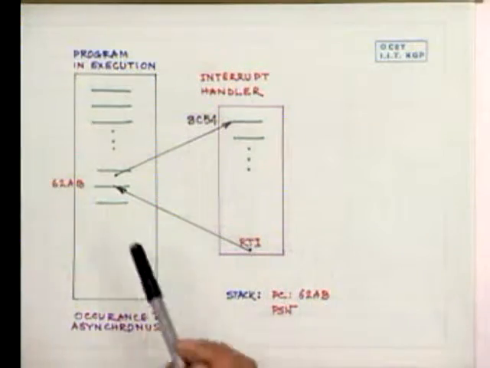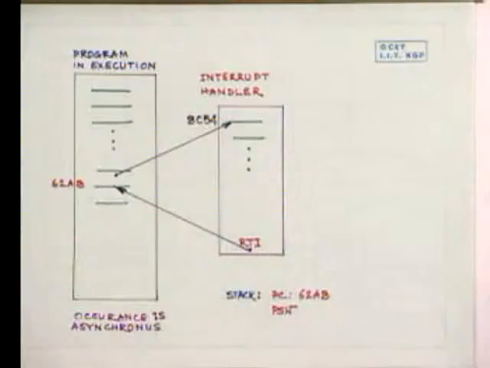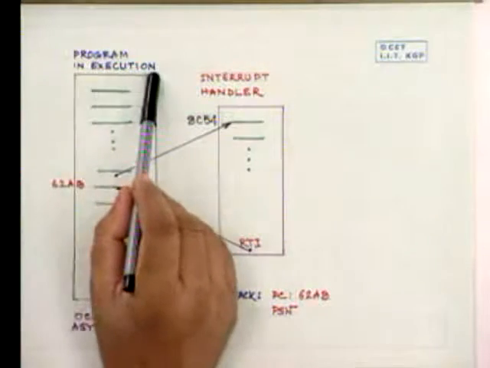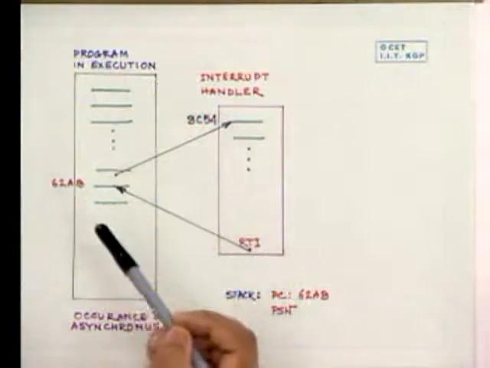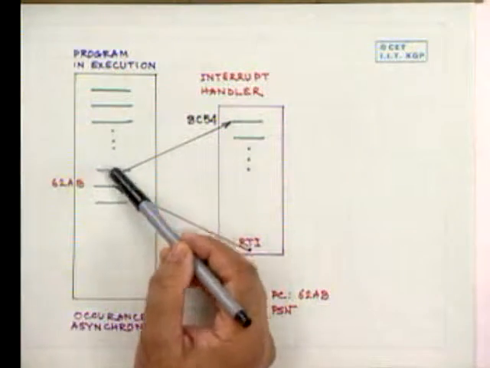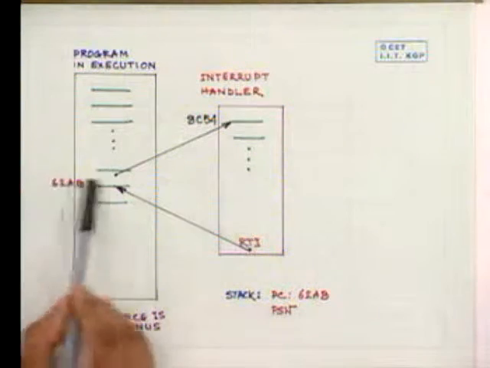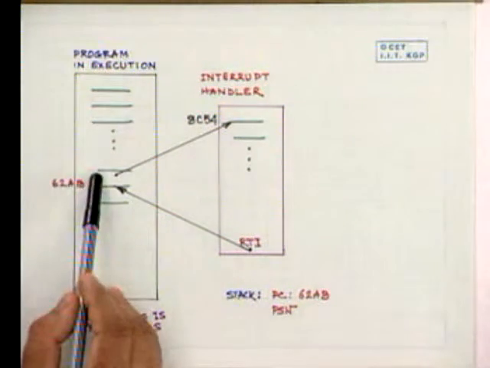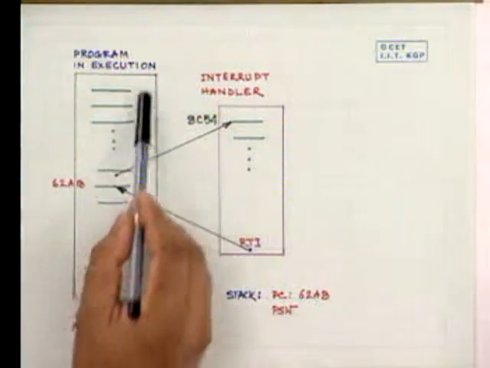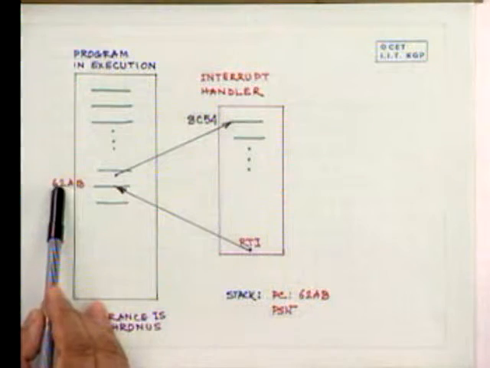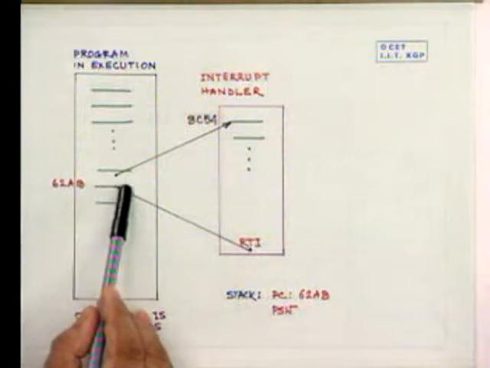What happens essentially is this: say this is a program that the CPU is executing. Here the read command for the input device, or write command for the output device, has been issued. As we have seen, while executing a program, the program counter always contains the address of the next executable instruction.